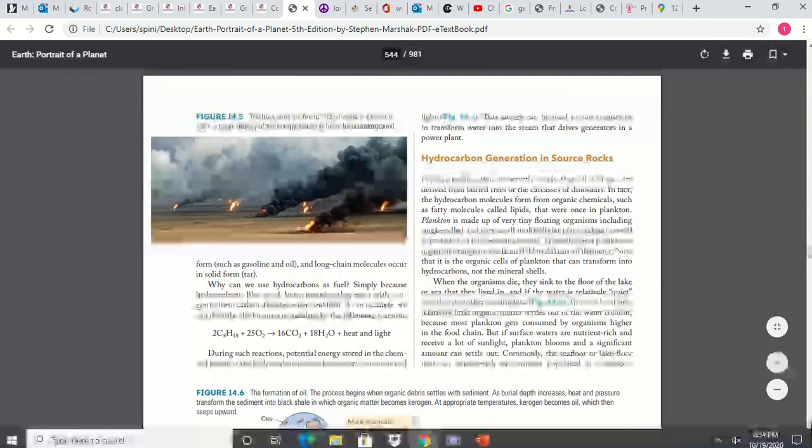And that, in a nutshell, is why these kinds of energy sources are bad for the environment. We've known this for quite a while, and now we're realizing that we really need to do something about it. You can see all the carbon dioxide that gets released in a gasoline reaction. This happens when you're burning wood in a camp stove or a campfire, anything like that.